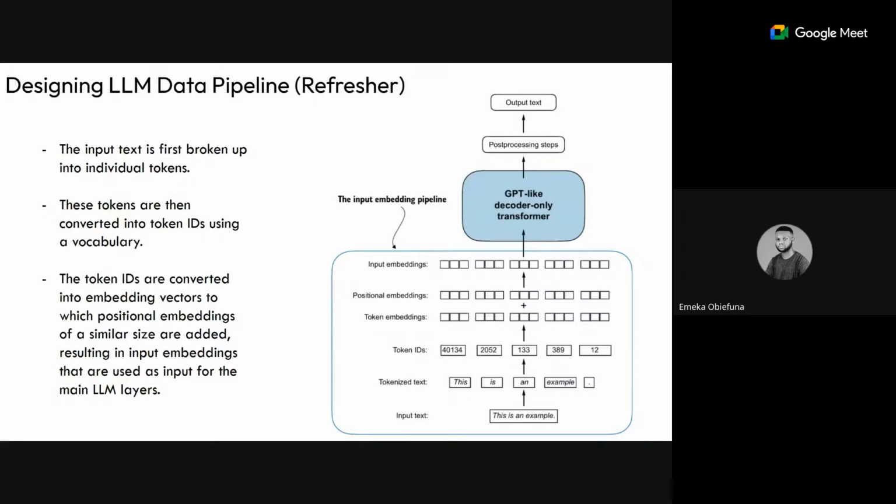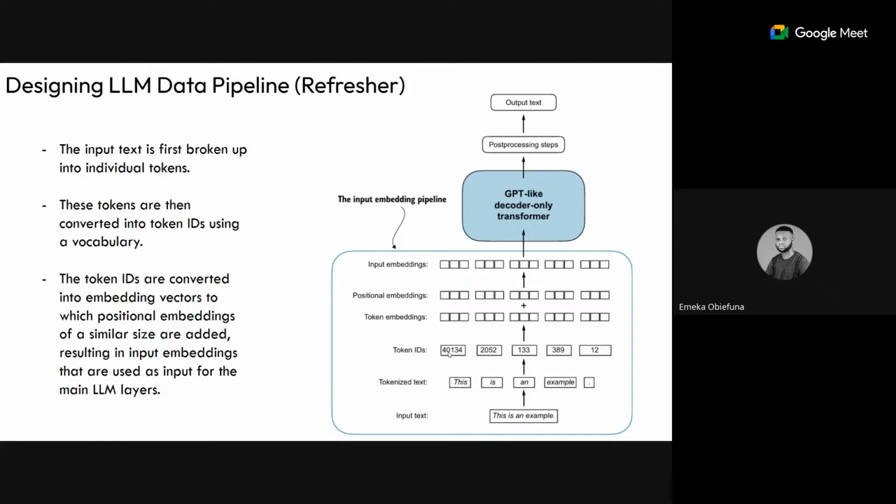We are going to start off by refreshing our memory on how to design your LLM data pipeline. In my last session, we talked about the steps and techniques you need to have in place to get the data you want to use in training your LLM ready. We moved from getting the text data, to performing tokenization. Once you've performed tokenization, you have to get your token IDs, which involves creating a vocab.